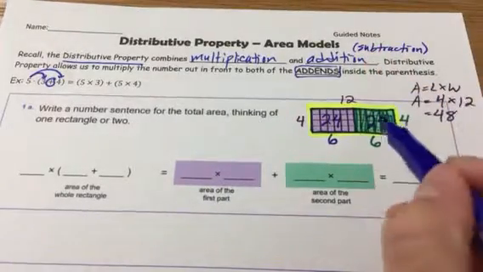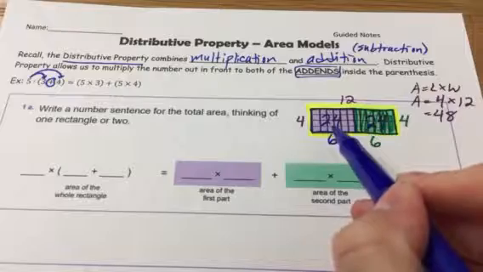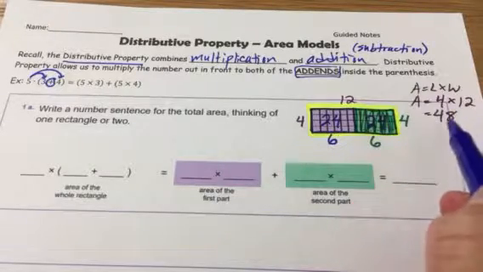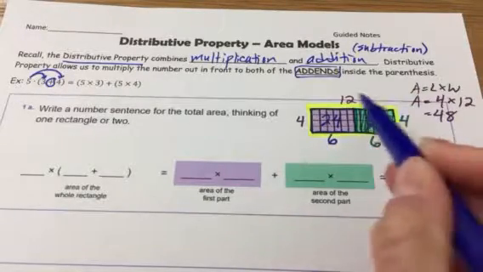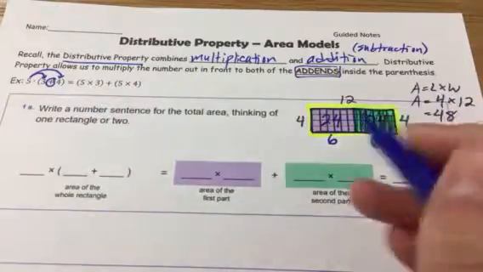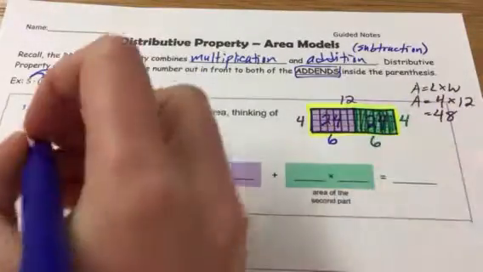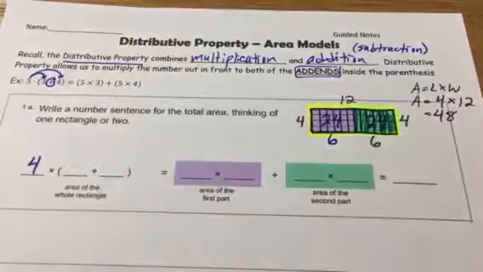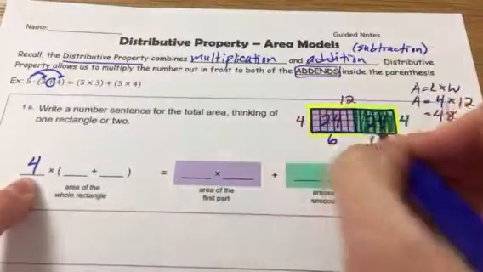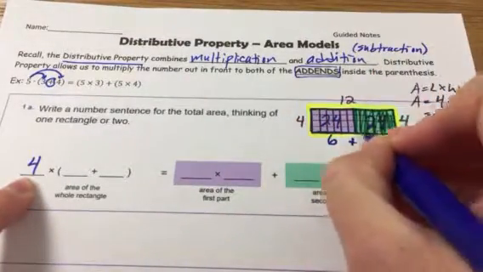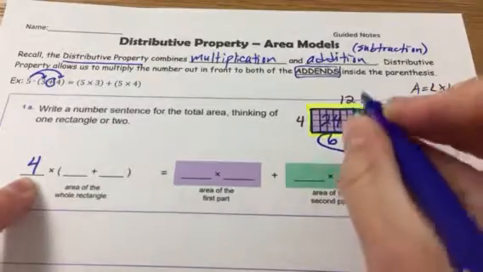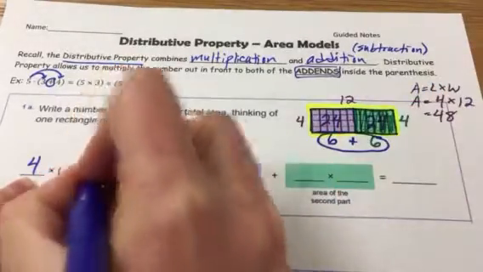Now it's a little tough to see, sorry. But if we add those together, 24 plus 24 gives you your 48, like we already knew we had. So this is a prime example of the distributive property, because what it tells us is that we can multiply the 4 by this piece right here, because we've got our 6 plus our 6, which gives us our 12.